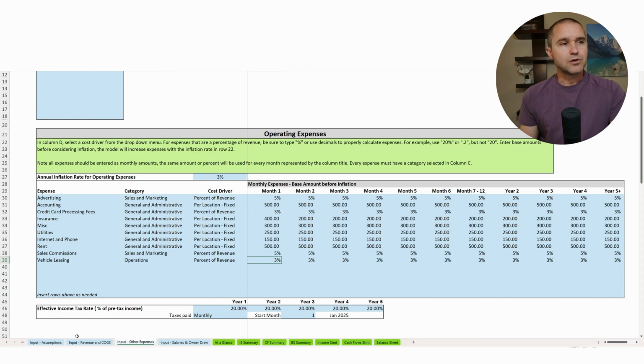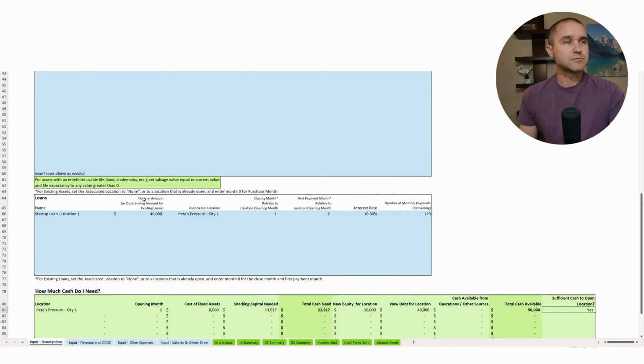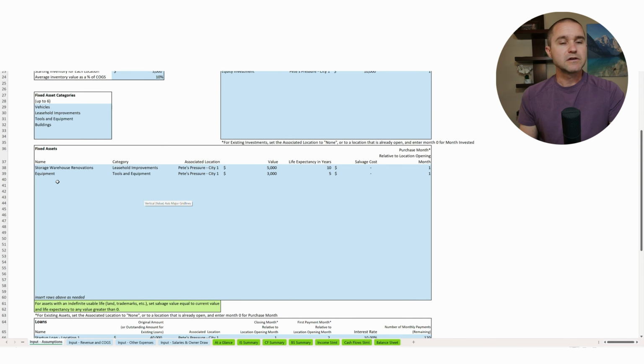So you could, back on this input assumptions tab, add a vehicle here as a fixed asset. So if you buy a vehicle and you wanted to add that in as part of your startup cost, and you actually purchase the vehicle, you could do that here. The reason I don't tend to like to do the purchase of the vehicles in the model is because it doesn't scale very well.